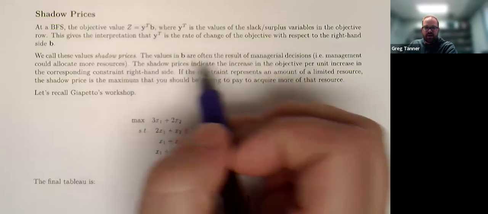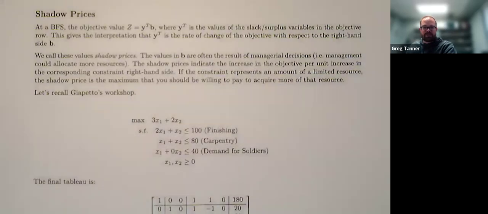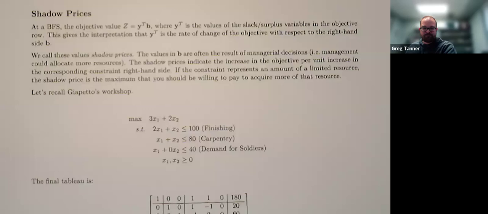The right-hand sides of our matrix, at least in a maximization problem, are usually talking about limited resources. But in most cases, they're limited based off of managerial decisions, right? If we could show that there's a benefit, we could get more resources devoted to whatever profit-making activity the company has.